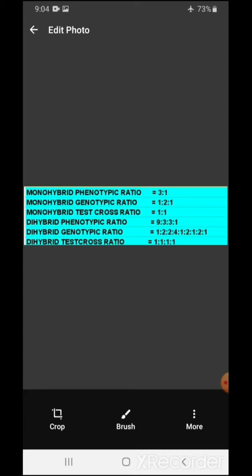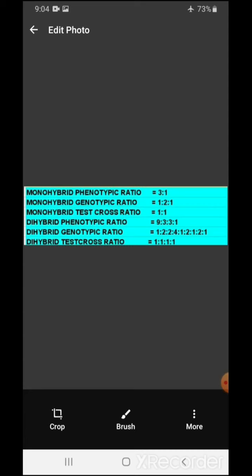For the dihybrid genotypic ratio, we find the first 9 is 1:2:2:4, all round yellow. Then the second 3 is 1:2, round green. Then the third 3, 1:2, represents wrinkled yellow. Then the last one is the wrinkled green.